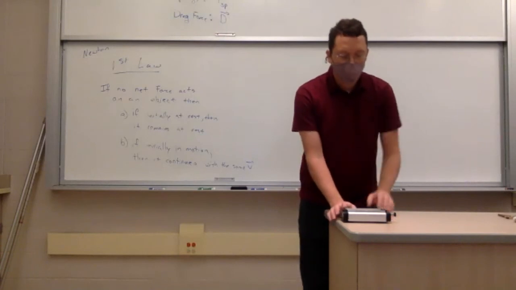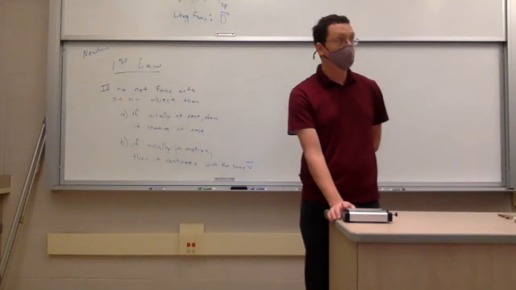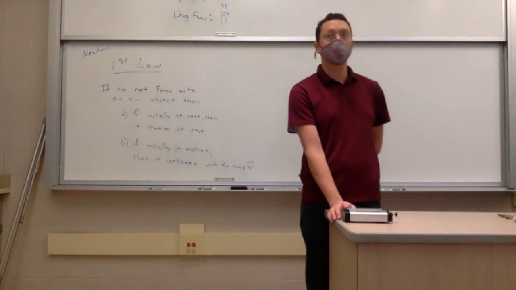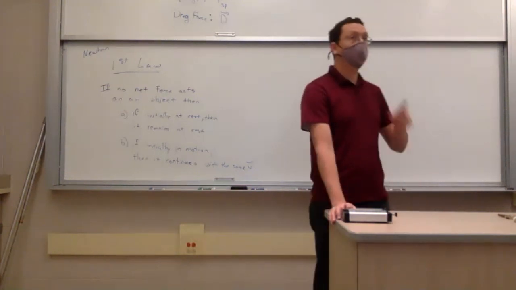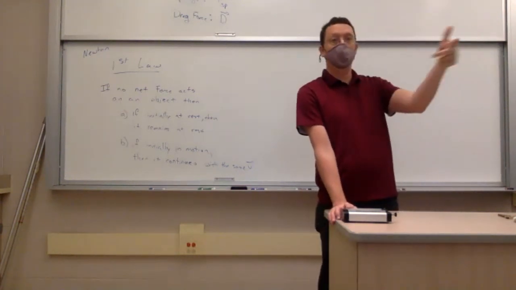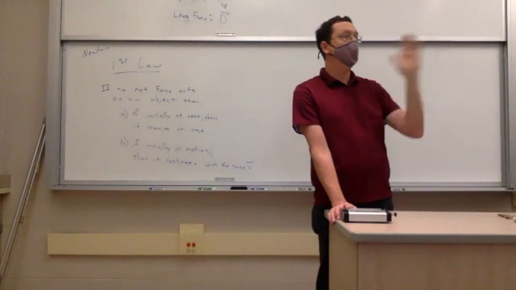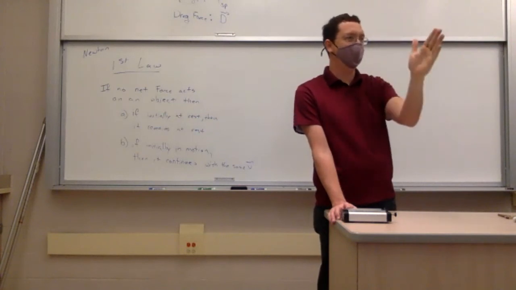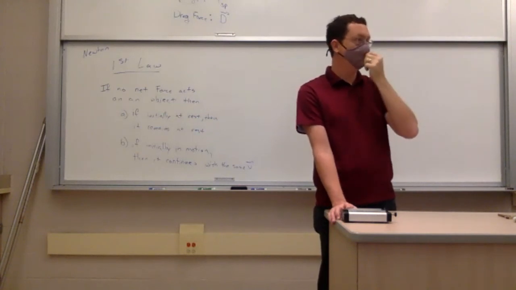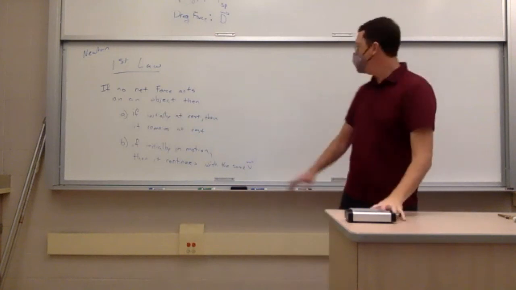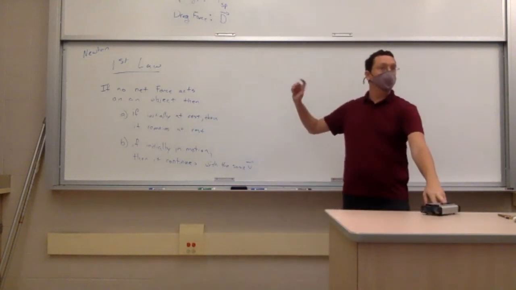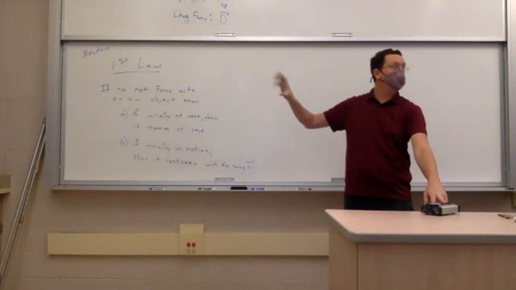Now, if I start this out moving, what would Newton's law say? And in what kind of motion? Will it make a serpentine pattern? No. Straight line motion. Constant velocity means neither the direction nor the speed changes.